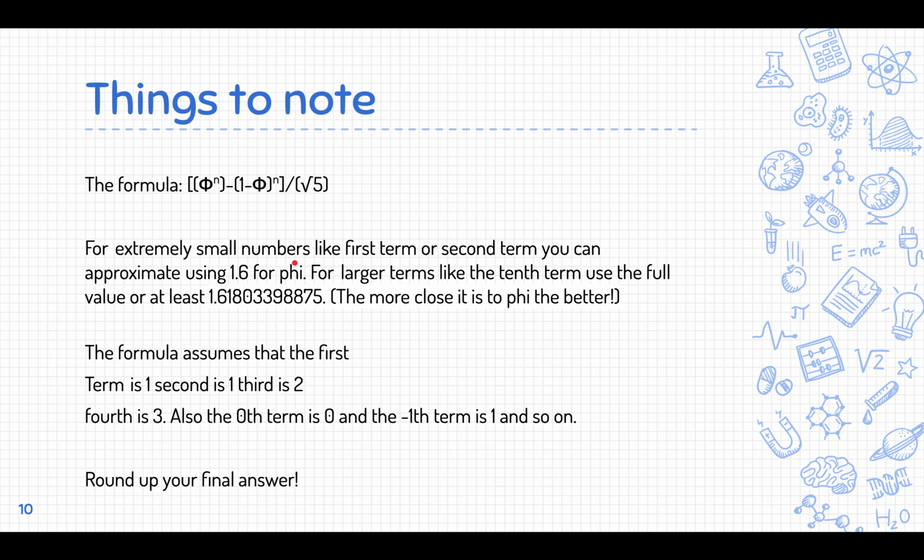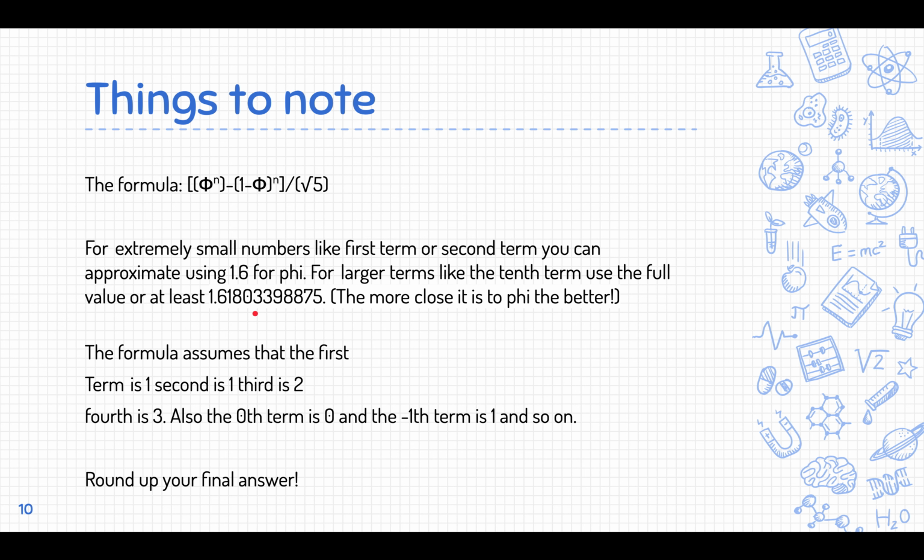For extremely small numbers like the first term or second term, you can approximately use 1.6 for phi. For larger terms like the 10th term, use the full value, or at least 1.618033988875. The closer it is to the actual value of phi, the better.